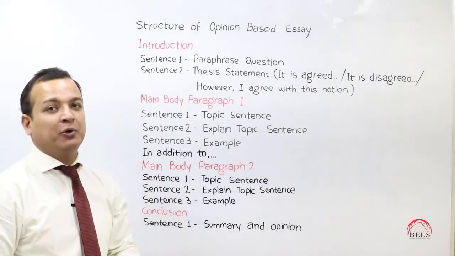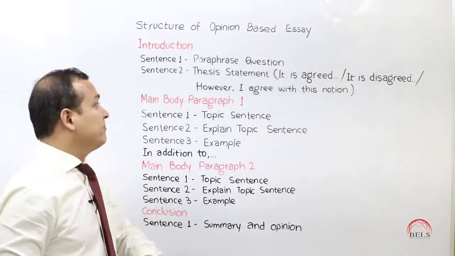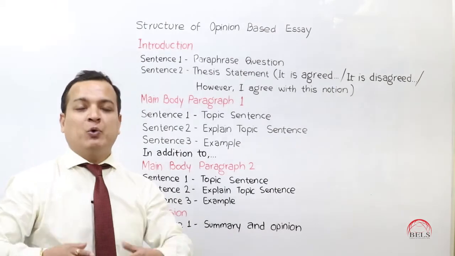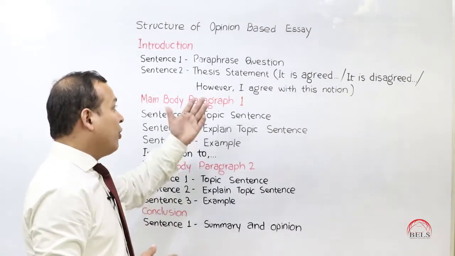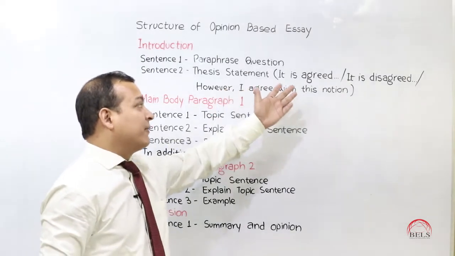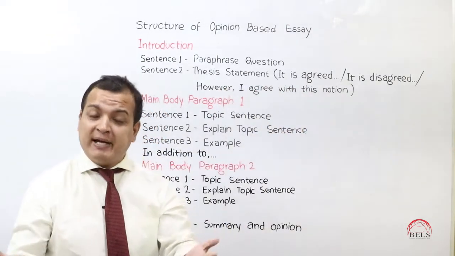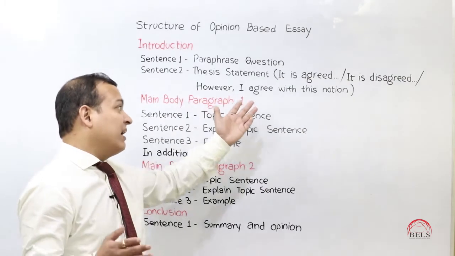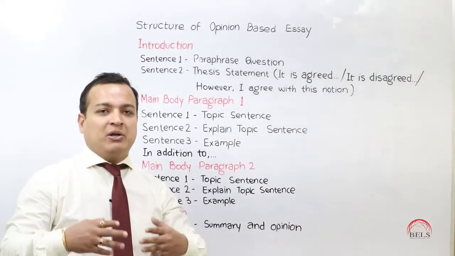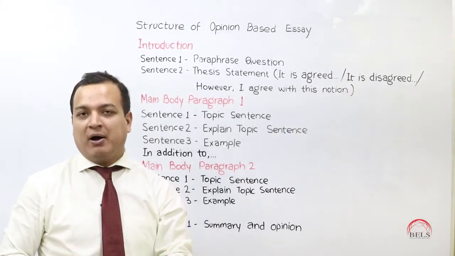That will be easy for you to avoid redundancy there. Finally, at the ending part of your introduction, you will be using your opinion, that's called the thesis statement. You can say it is agreed that, or it is disagreed that, or you can say however I agree with this notion. Any word that you can use there to simply finish the introduction part.